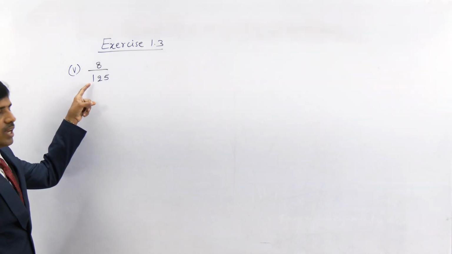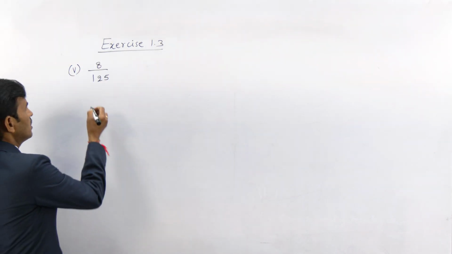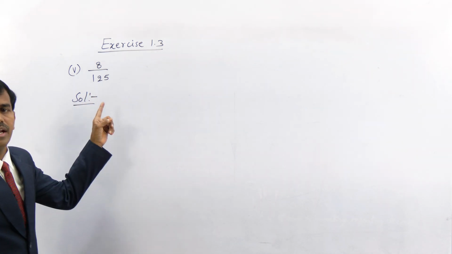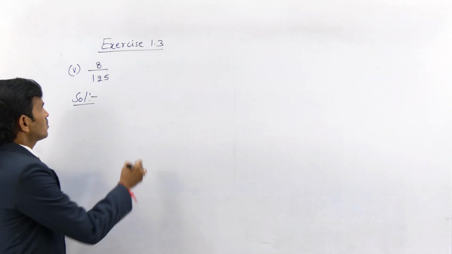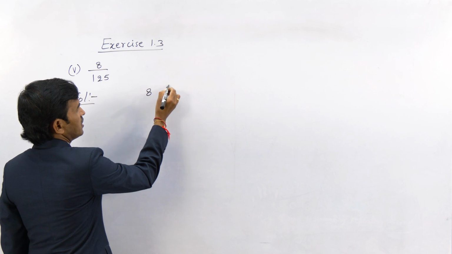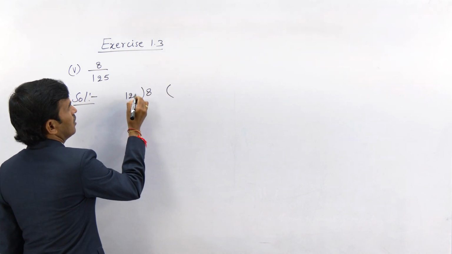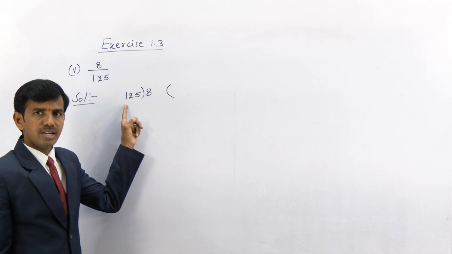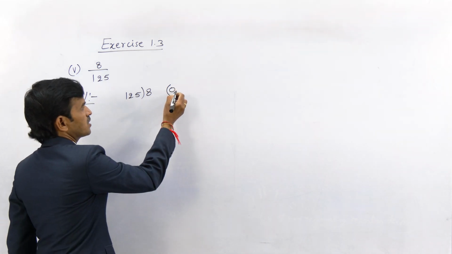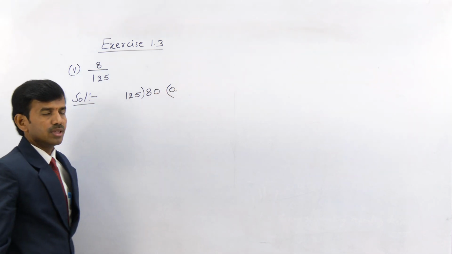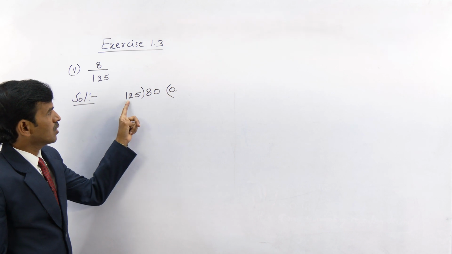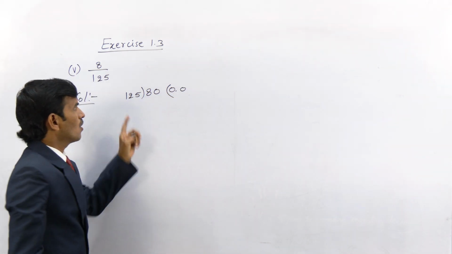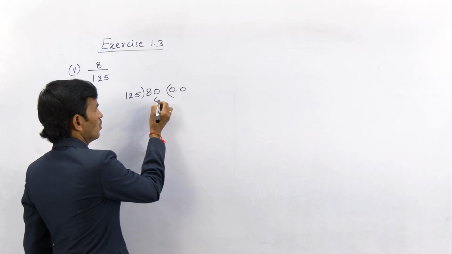Eight by 125 is the given rational number. Let us check whether it is a terminating or non-terminating repeating decimal. In this, the numerator 8 is to be divided by 125. As the numerator is less than the denominator, let us consider a decimal point and put 0. Is 80 divisible by 125? Let us check how many times. 0 times. 125 zeros, 0.